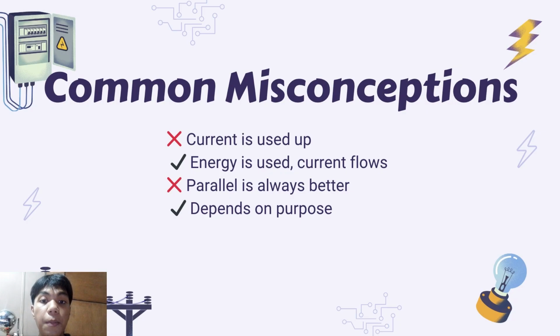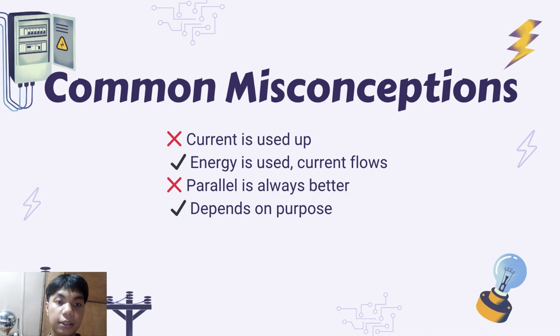So, the common misconceptions in series and parallel circuits is that the current gets used up as it flows through a circuit. But in reality, current continues to flow while it is the electrical energy that is being used by the components. Another misconception is that parallel circuits are always better than series circuits.